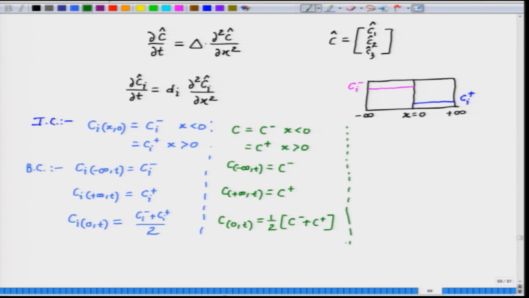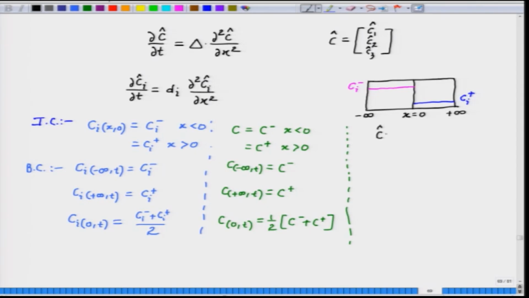We can apply the similar transformation to the initial and boundary conditions. So, if we pre-multiply both sides by P inverse, we get the concentrations in the cap basis.